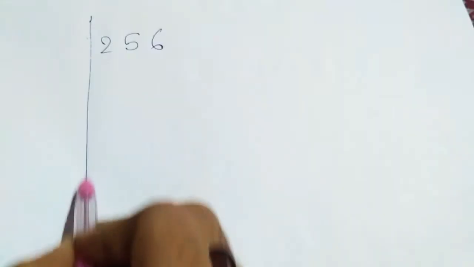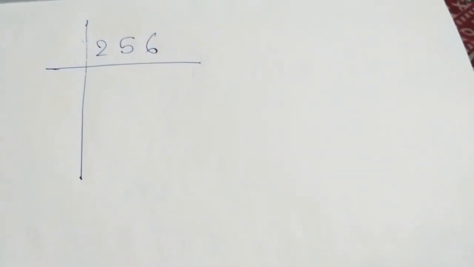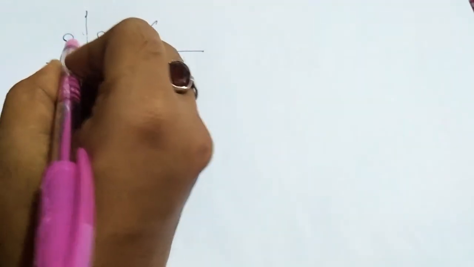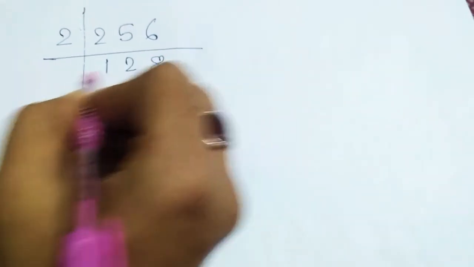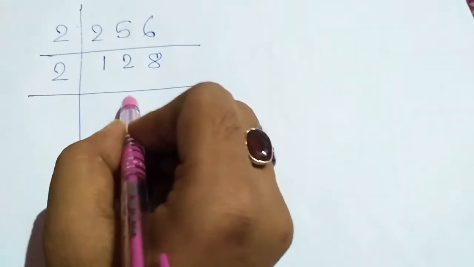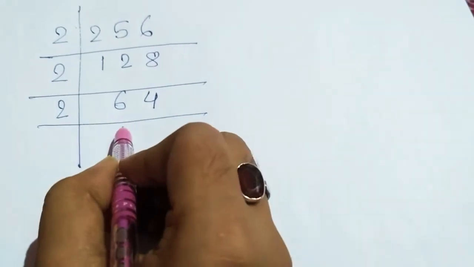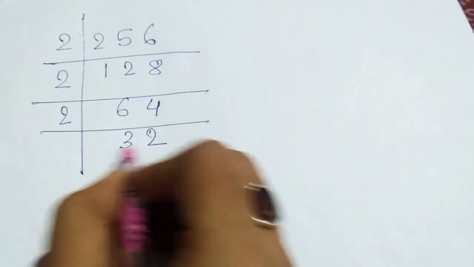So prime factors, you know that first we have to divide it by the smallest prime number. So what is the smallest prime number? 2. Then you have to divide it by 2. 2 1s are 2, 2 2s are 4, 2 8s are 16. Again 2, 2 6s are 12, 2 4s are 8. Again 2, 2 3s are 6, 2 2s are 4.